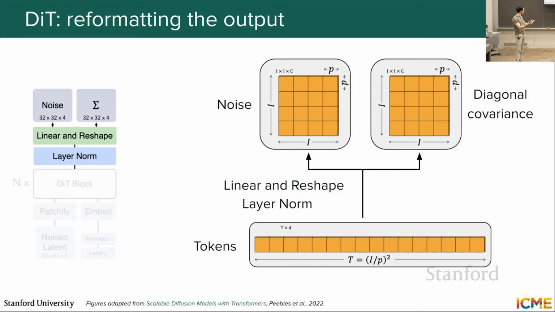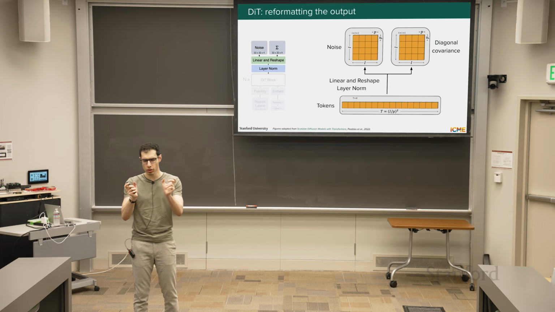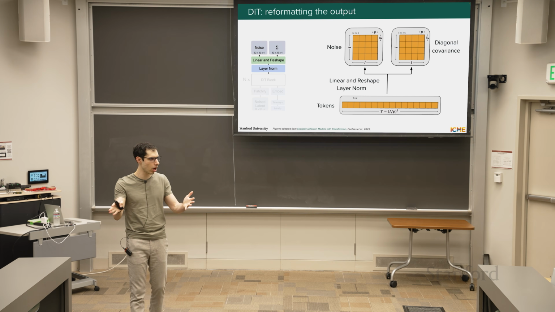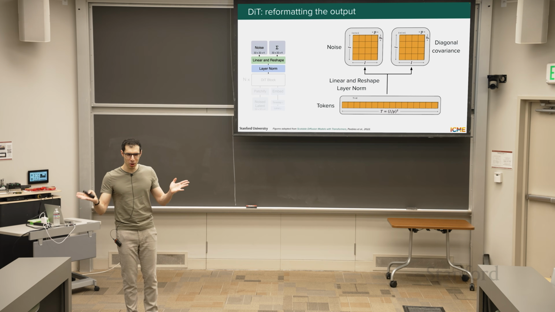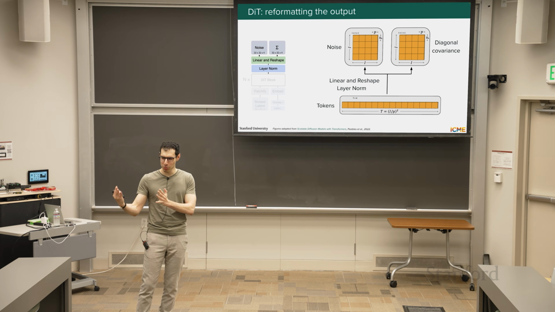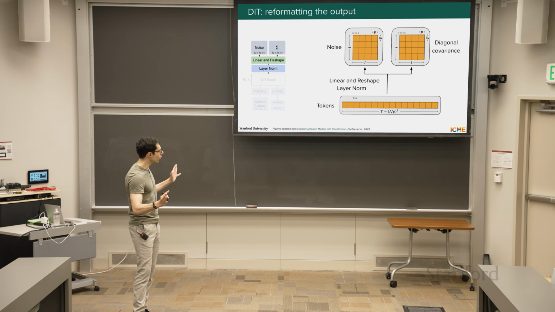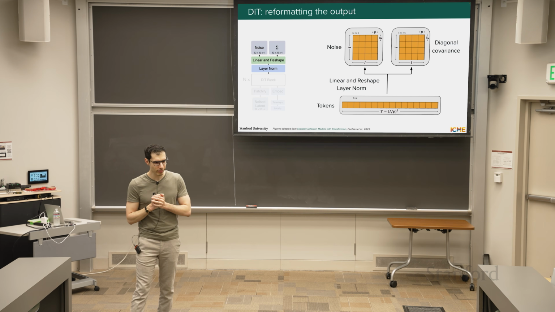And at the very end, you obtain encoded tokens, so patch embedding tokens that are aware of one another because they went through all these operations. And remember, what we want is to have an output that is of the same shape as the inputs. And so here, the step is to reshape that output in the shape that matters to you.